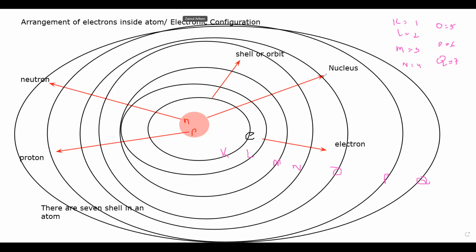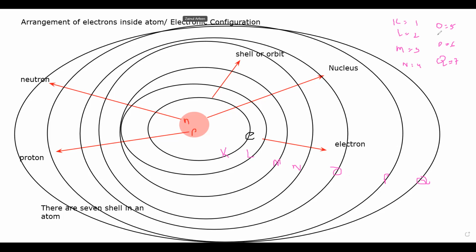That is why they did not start with A, B. They started with K and so on. Is it clear? Because the other letters already have other abbreviations, using the same letters would create confusion, so they use a separate set of letters, in sequence, to show that K, L, M, N, O, P, and Q are the shells inside an atom.